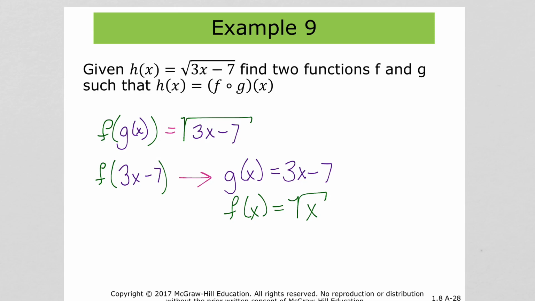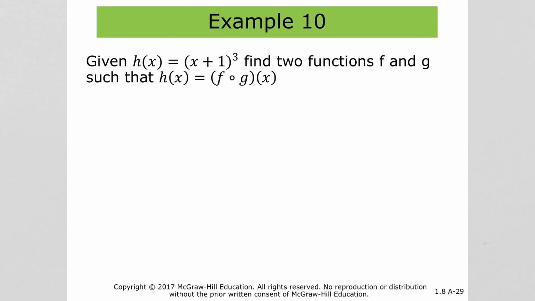And one more example like this. F of g of x needs to be x plus 1 cubed. Well, what can we do? If we make this the cubed part and then plug in the purple, that's telling us f of x plus 1 would be x plus 1 cubed.